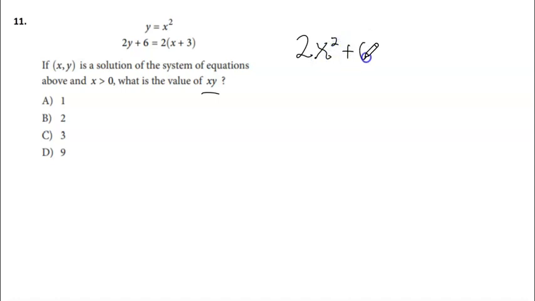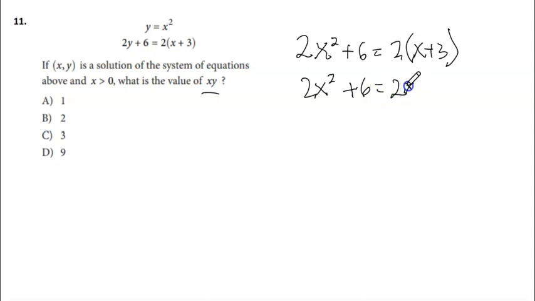So in place of y, I put x squared, plus 6, equals 2 times x plus 3, right? So let's do 2x squared plus 6. With the expansion, you notice that 2 is going to multiply 3, so we're going to get 6 somewhere on the right. So we have 2x plus 6, right?